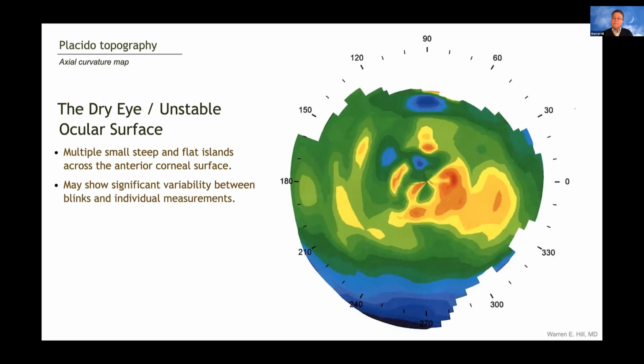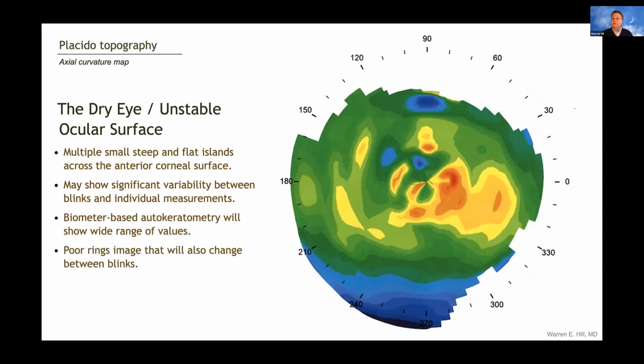And a patient like this, you would never do typical biometry on, because what you're going to get is wild variation in the keratometry from one measurement to the next, and it may misread the cornea in terms of the astigmatism and also the aberration profile.